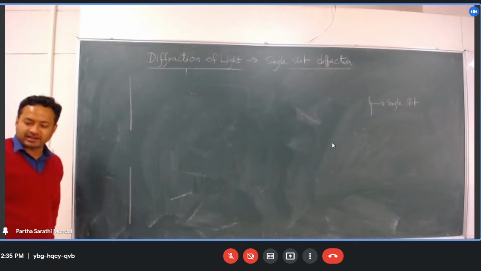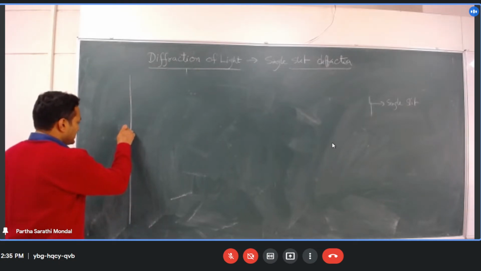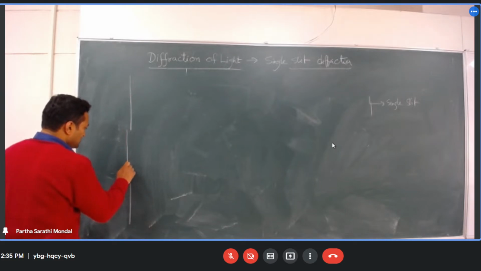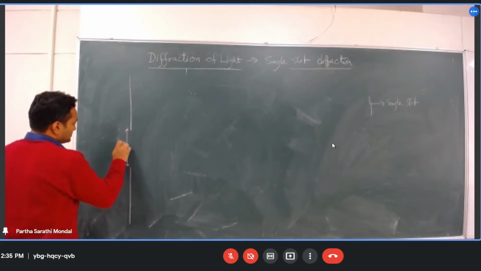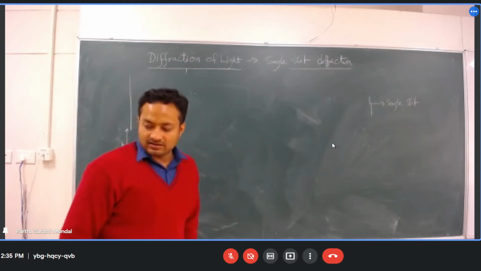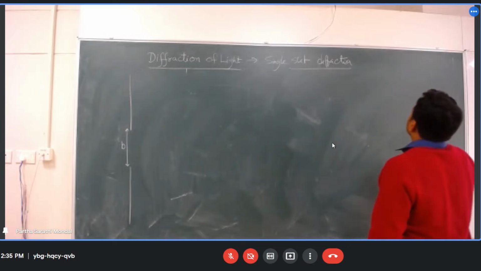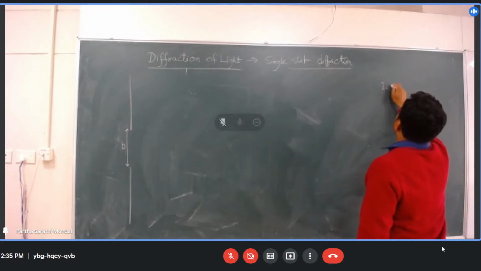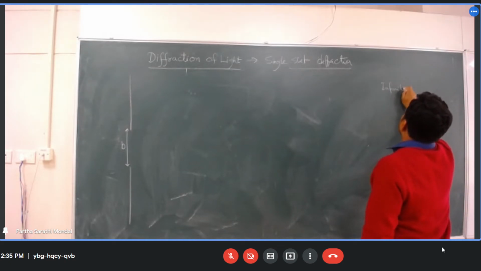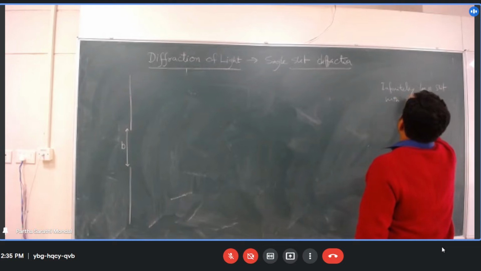This is B. So let's say the slit width is B. So we have an infinitely long slit of width B.